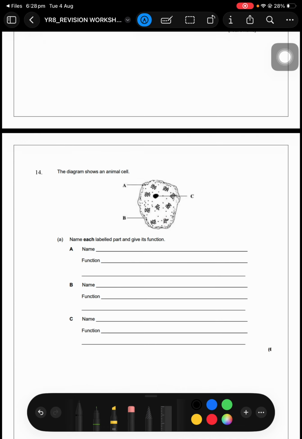The diagram shows an animal cell. Name each labeled part and give its function. So the first one is A, which is the cell membrane. You can see it's pointing here. It controls the movement of substances in and out of the cell. And B is pointing towards, you can see it's like a little bit, so that's the cytoplasm.